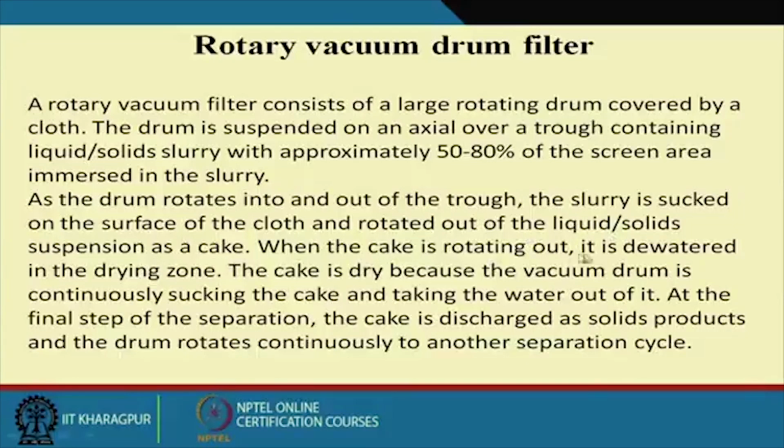When the cake is rotated out, it is dewatered in the drying zone. The vacuum drum is continuously sucking the cake and taking the water out. At the final step of separation, the cake is discharged as solid product and the drum rotates continuously into another separation cycle.